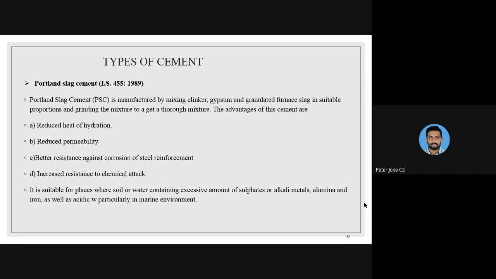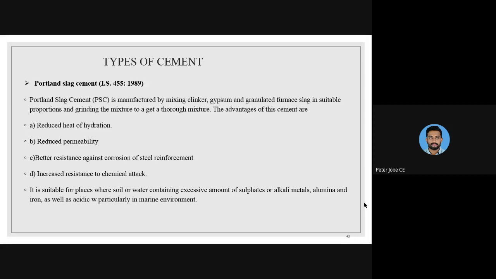And nowadays we are using this slag cement for not-so-important works, not because the cement is bad, but because people don't know how to mix it with water properly. That's the reason we use this cement for less important concrete works, like flooring or some other small petty works. We won't generally use it for structural components like slabs, beams, columns, etc. Not because the cement is bad, but because people don't have the expertise to handle this type of cement.